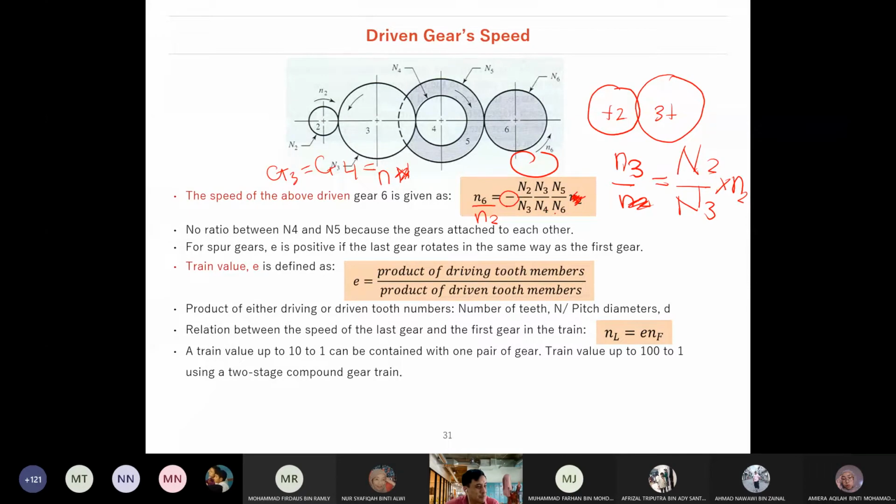N3, N4, N5 are not here because they have the same rotation, so the capital N and small n are the same. If they are on the same shaft, N5 can represent N4, because they turn at the same speed.